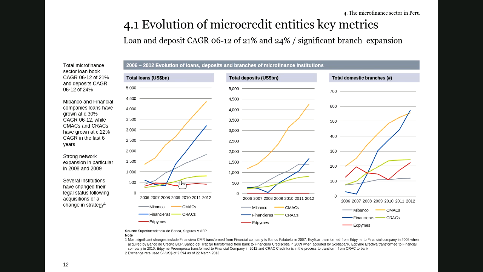So you can see the evolution of loans, deposits, and branches from 2006 to 2012, and you can see how most of them had grown incredibly, especially cajas municipales and financieras, in terms of both branches and loans, and in terms of deposits, also cajas municipales. All of them had grown, but you can see that they were going through very steep growth, okay? There was a massive expansion.